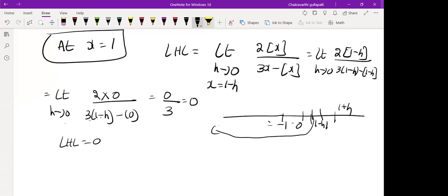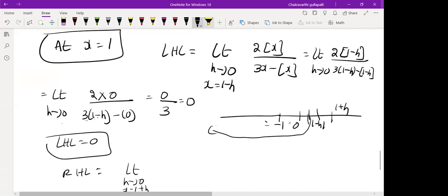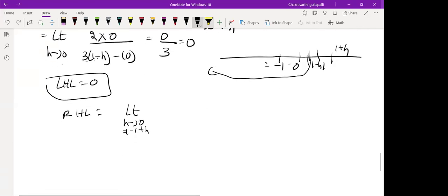You have to calculate RHL. What is RHL? RHL is nothing but limit h approaching 0, x equal to 1 plus h of 2 into box x divided by 3x minus box x.